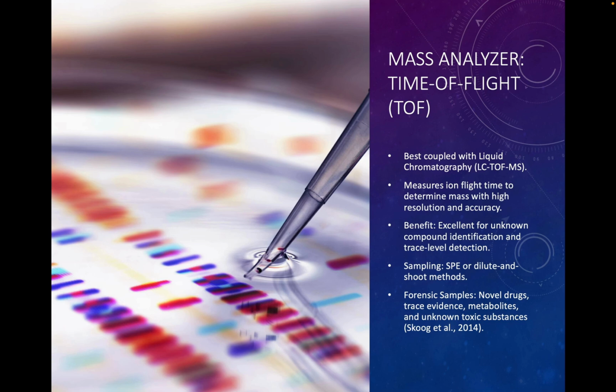TOF works by measuring how long ions take to reach the detector, which allows for extremely precise measurements. Sample prep usually involves SPE or dilute and shoot methods. Again, from my perspective, TOF is especially valuable when dealing with novel drugs or unknown substances because it allows analysts to identify compounds even when no reference standard exists.